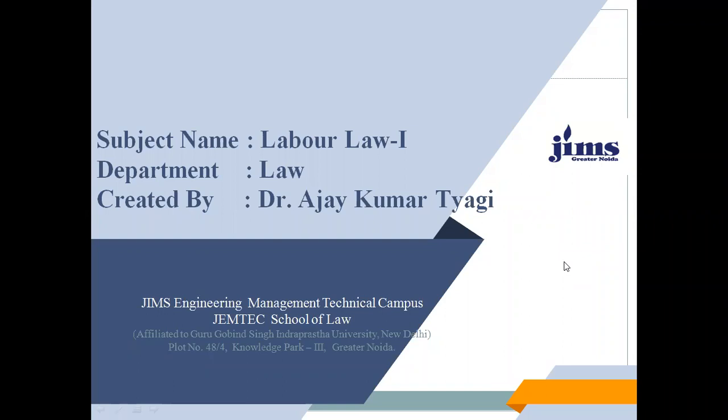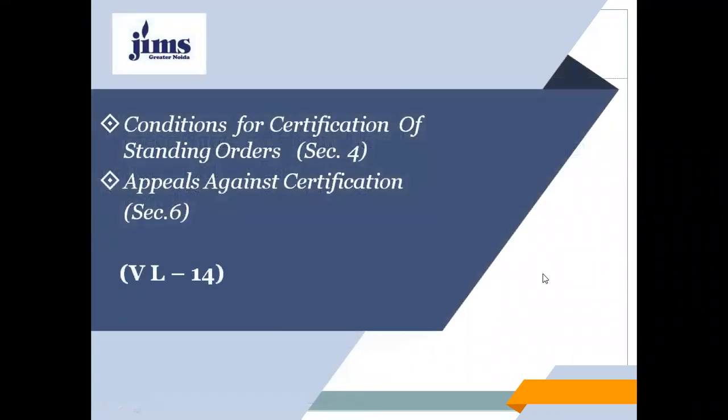Under Labour Law, the first paper for the 7th semester BA LLB program, we are studying the Industrial Employment Standing Orders Act 1946. Under that head, today we'll talk about the conditions for certification of standing orders given under Section 4.